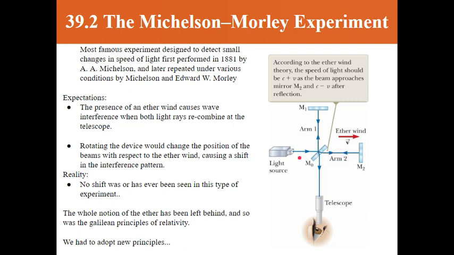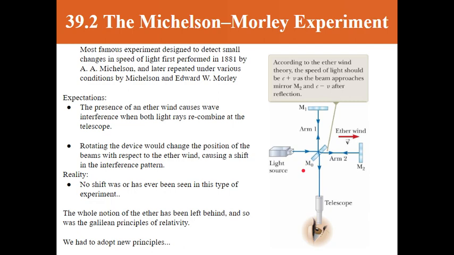But if the ether wind exists, it will mean that you could align it so that the ether wind blows through the light on one of the arms, but blows perpendicular to the light on the other arm. So in other words, the speed of light moving through arm 1 will be different than the speed of light moving through arm 2.